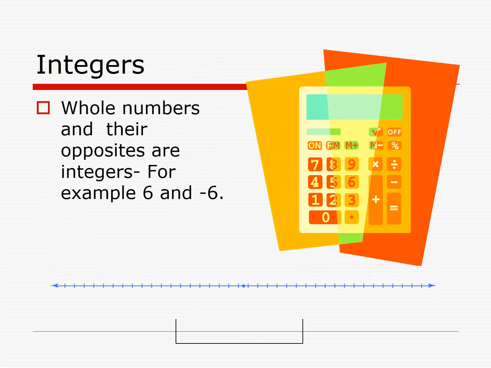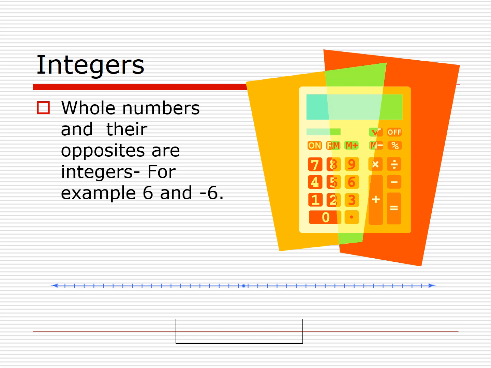So integers, whole numbers and their opposites are integers, or putting it the other way, integers are sets of numbers that include all the natural numbers, that is, let's say 1, 2, 3, 4 and so on, and their negatives. I repeat, integers are a set of numbers that include all the natural numbers and their negatives.